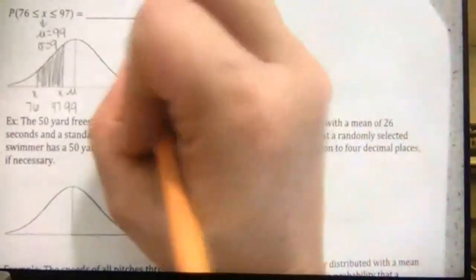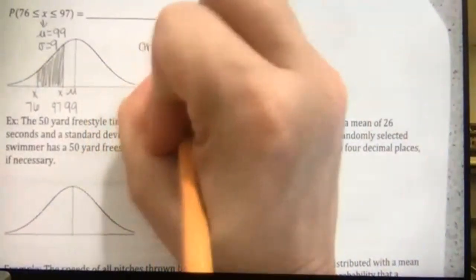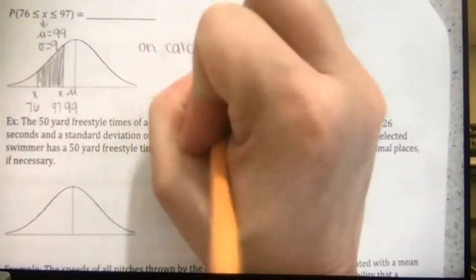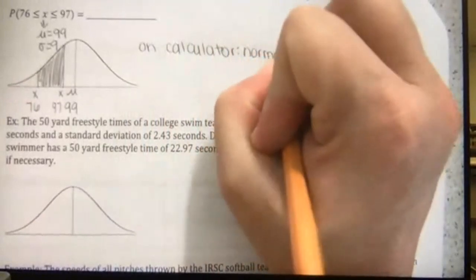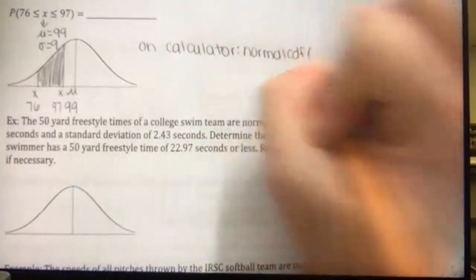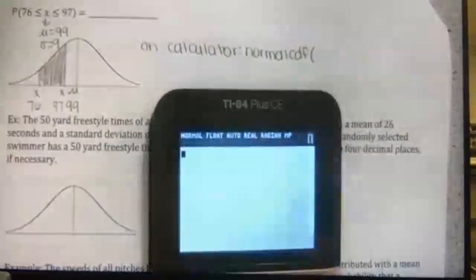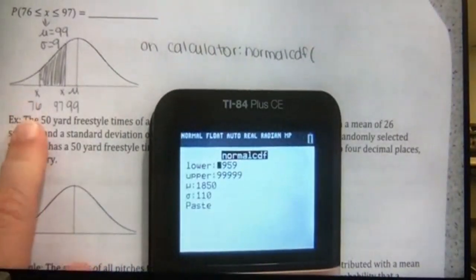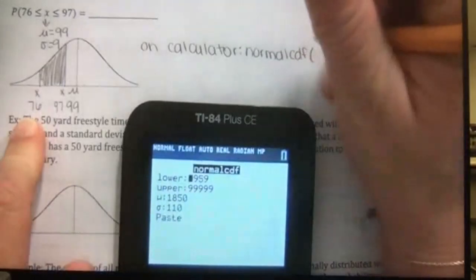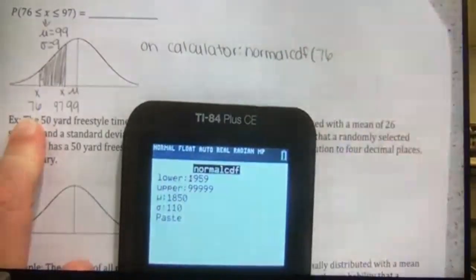So on our calculator, we have our normal CDF. Second bars, normal CDF. Our lower limit, looking at the left-hand side of our shaded area, would be 76.